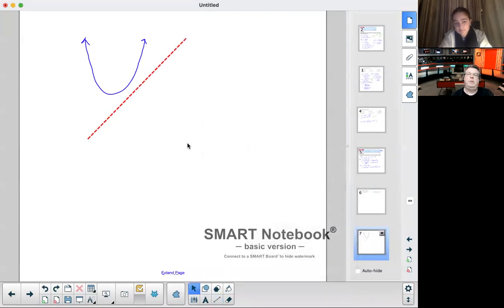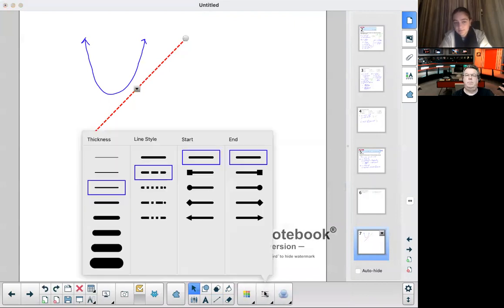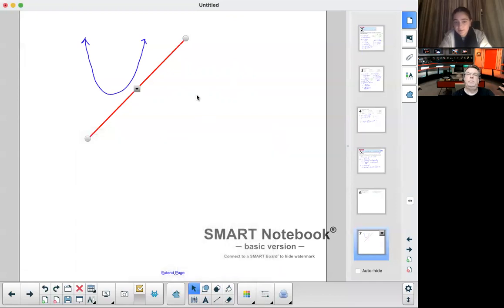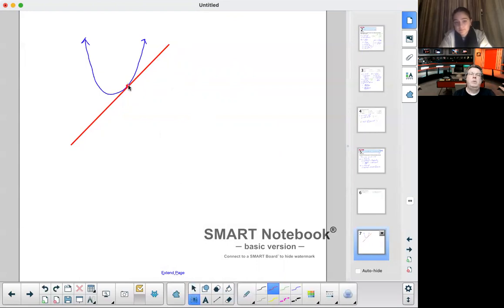So you know what a tangent line is? It rests on the curve, anywhere, right? It touches the curve in one point. Let's just say that point right there.